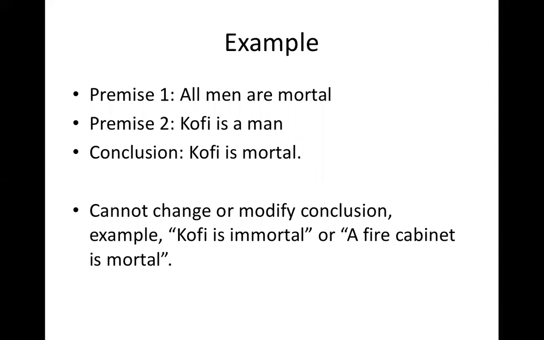That is why you cannot avoid the conclusion. It is also why there's only one possible conclusion. It is also why you cannot change the conclusion. So that is how you know a valid argument. The premises make the conclusion necessary, and the conclusion follows with certainty. That is the criterion for validity.